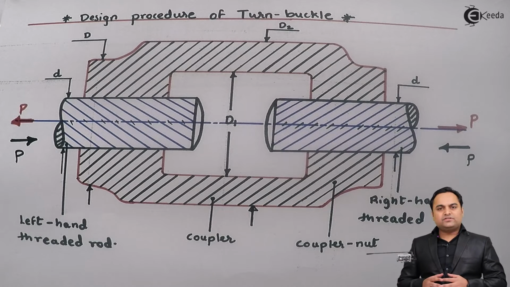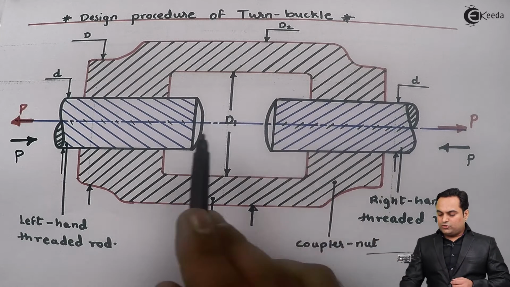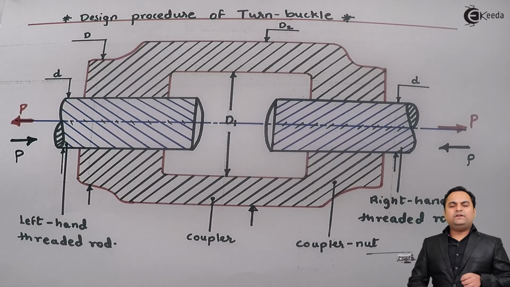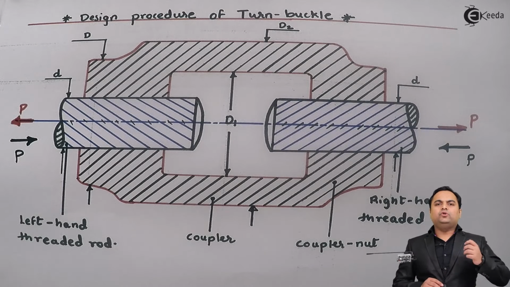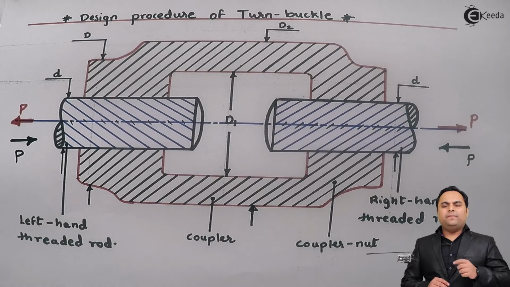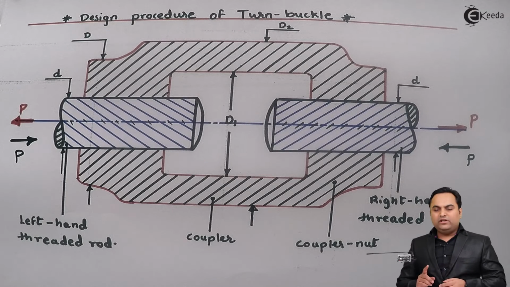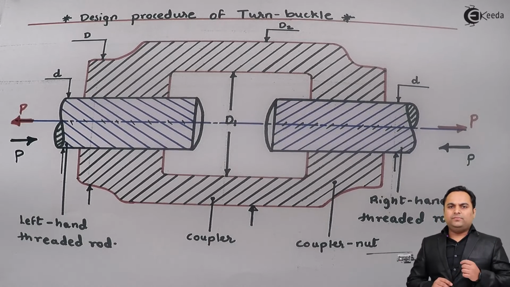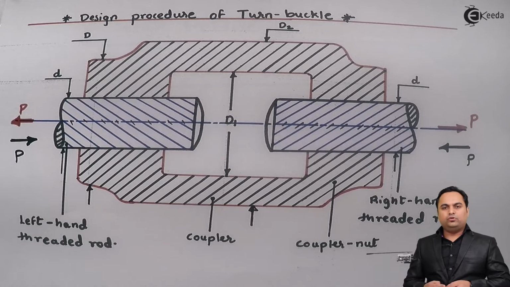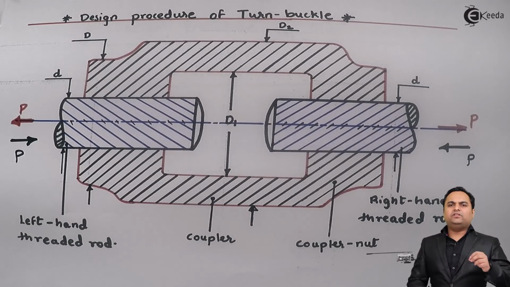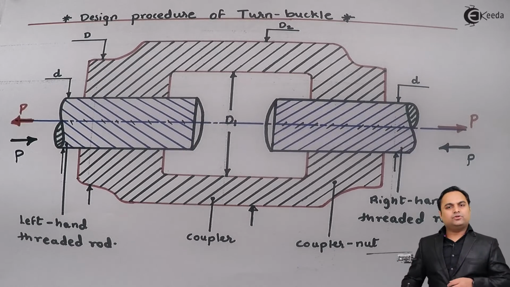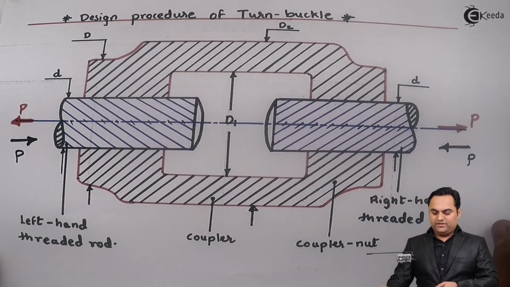So if I look at this turnbuckle, here I am having screw threads. So in screw threads, as we know, the area is not uniform. Somewhere we are getting maximum area and at some point we get minimum area. So failure will always start at minimum area, and that is for the screw thread. So the first thing that we will design, it will be the screw thread. So let us start with step number 1.